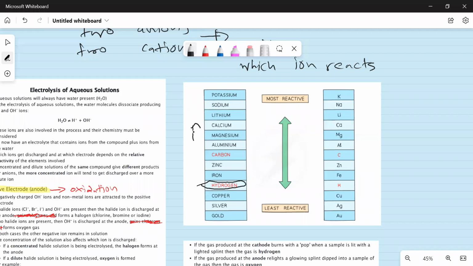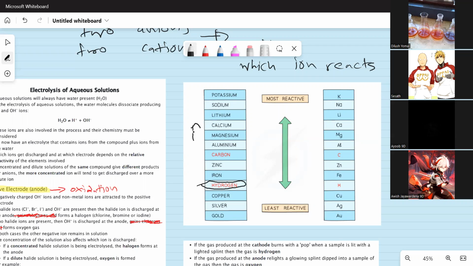If these metals are in the electrolyte, the particular solution, those metal ions won't be produced. Remember that. In an electrolytic mixture, in an aqueous solution which you are going to electrolyze, suppose it contains any metal ion above hydrogen, such as Na+, or calcium 2+, or magnesium 2+, whatever ion.